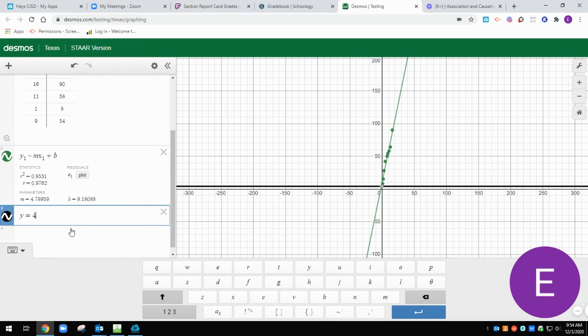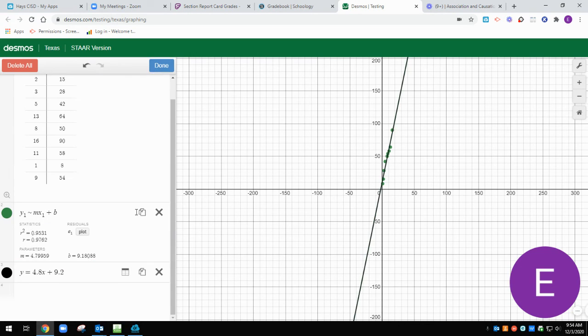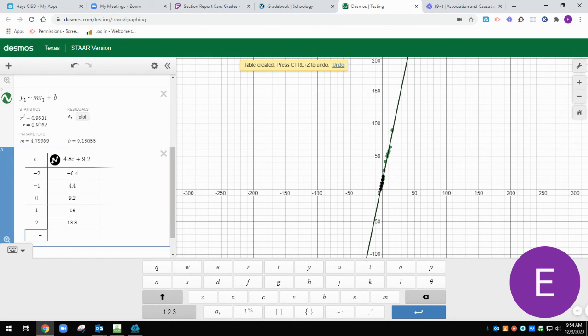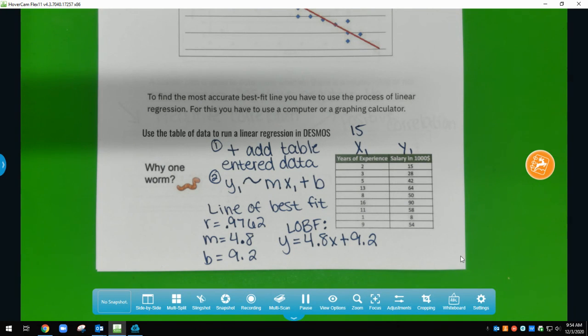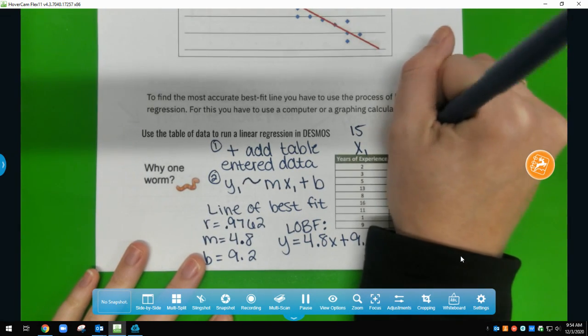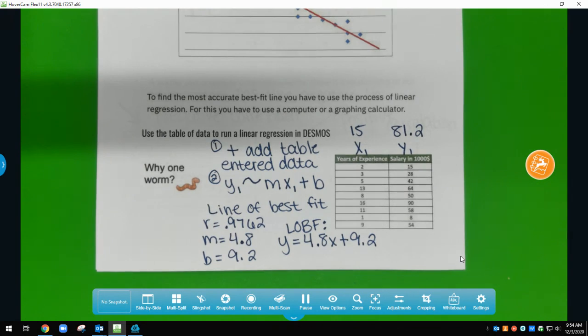So y equals 4.8x plus 9.2. And we're going to make a table. So we're going to click our gear, come down here, click table. And then remember, we can just enter a value. So if I wanted 15, it says 81.2. So my salary would be approximately $81.2 thousand.